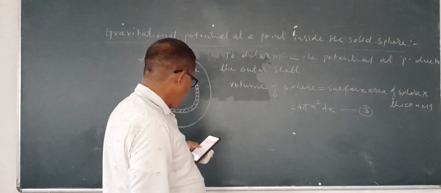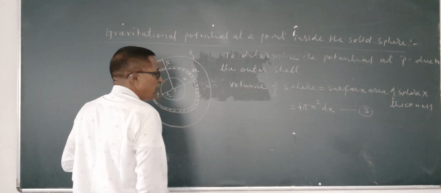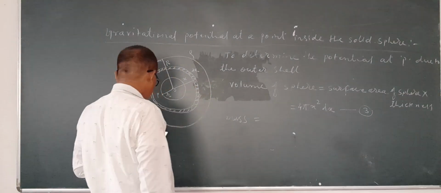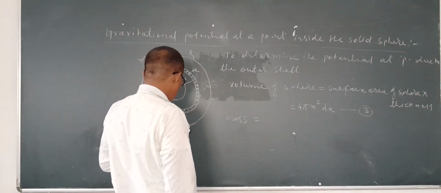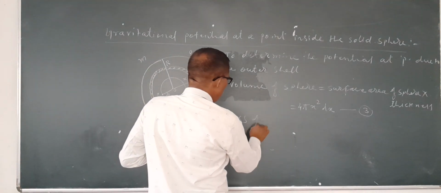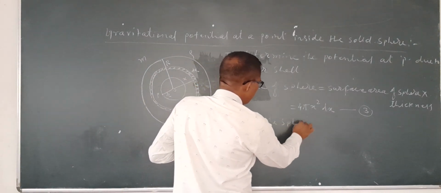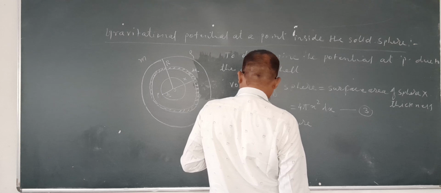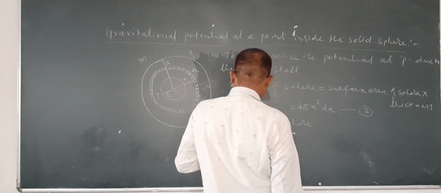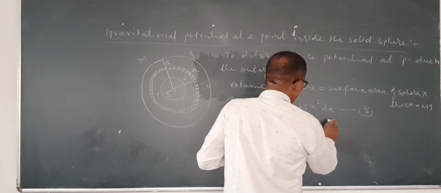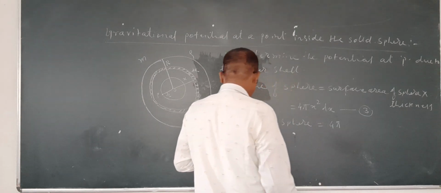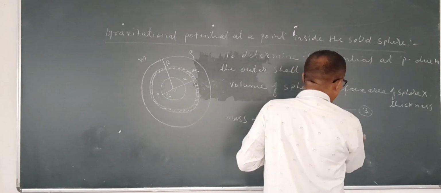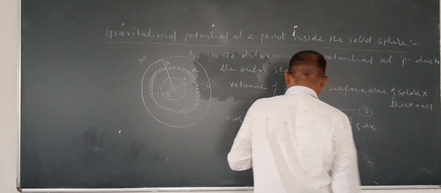Now we will calculate its mass. The mass equals 4 pi x square into density rho and thickness dx.